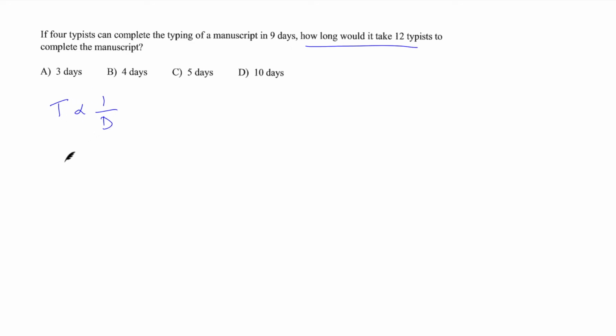So if we remove the proportionality sign, what do we get? T equals K over D, and K is T into D. You can also write this relationship as y1 x1 equals y2 x2 and so on. The multiplication basically gives us this constant.